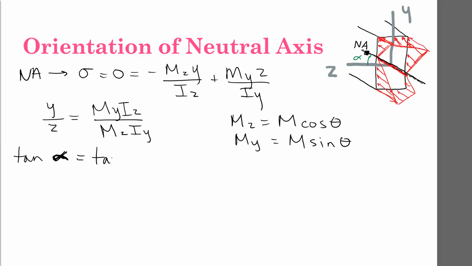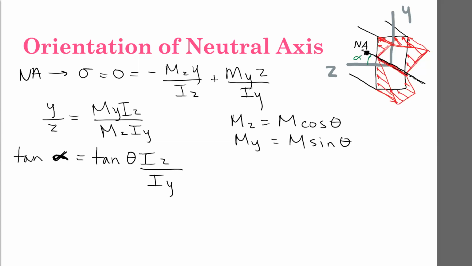So My over Mz is just tangent of theta, where remember theta is the angle from the z-axis to the line about which our moment is occurring. Now we have Iz over Iy.